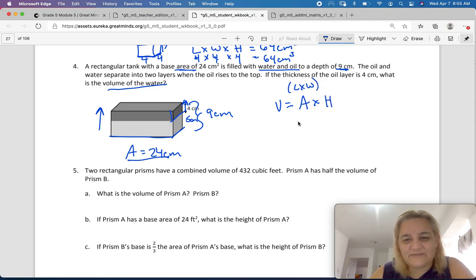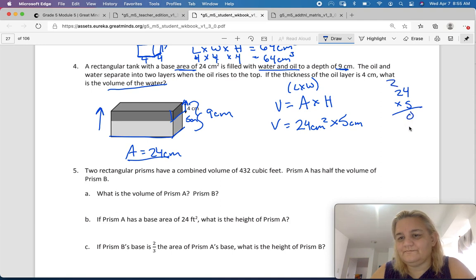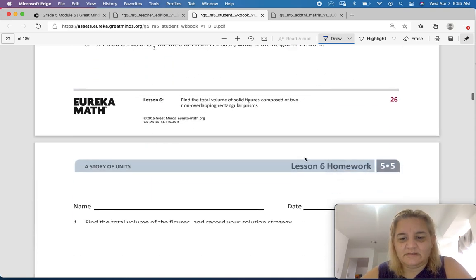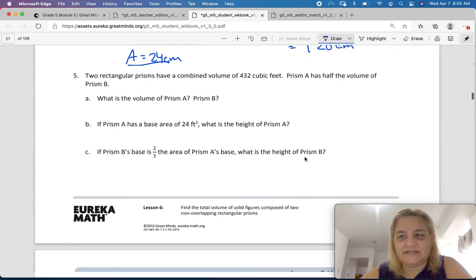And if the area is 24 centimeters squared, and the height of just the water is 5 centimeters, I can multiply that and get 120 centimeters cubed. That's just the water. All right, last question.